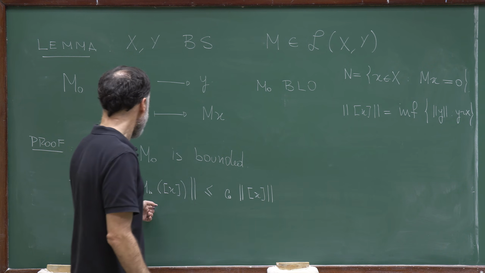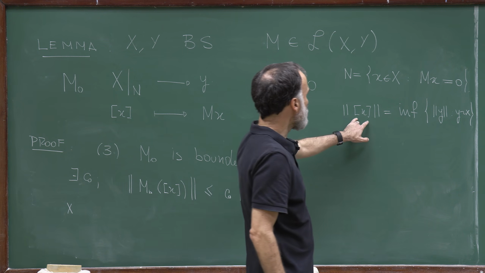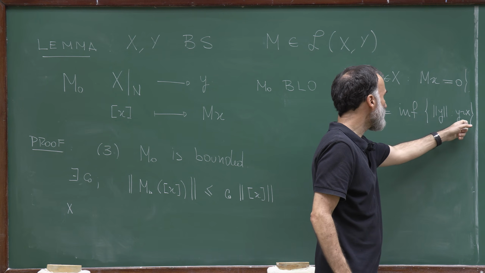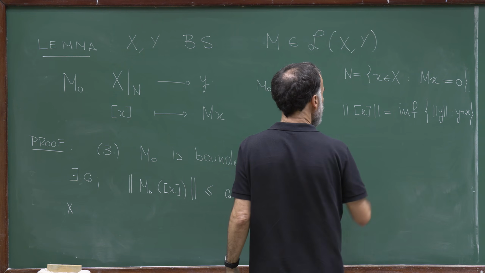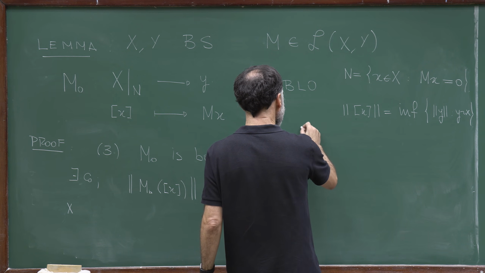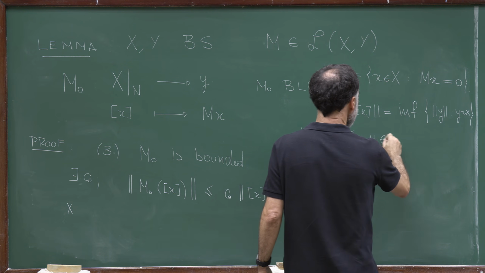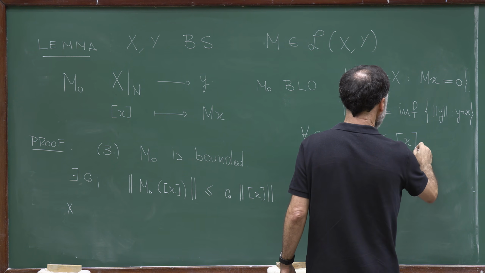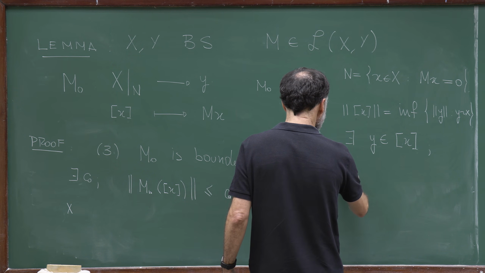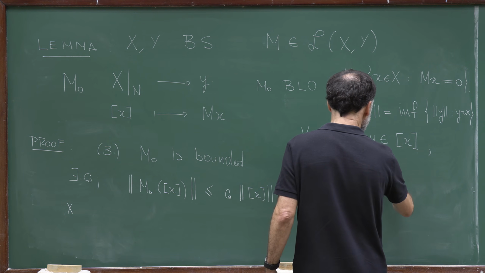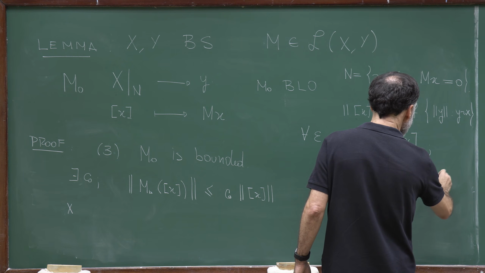So given x, you fix x, you consider its equivalence class, and you can find an element in the equivalence class whose norm is almost equal to the norm of the equivalence class. So given epsilon, I can find y in the equivalence class of x such that the norm of y is less than or equal to the norm of the equivalence class of x plus epsilon.